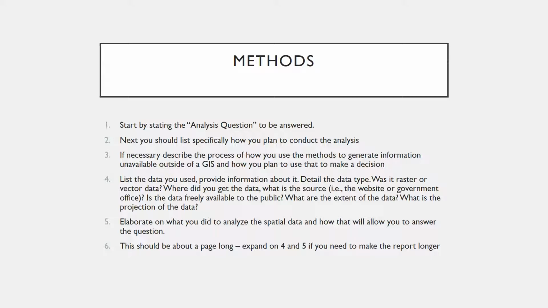Lastly, you want to elaborate on what you did to analyze the spatial data. In other words, I used an intersect function to identify areas common to both final data sources, or something like that. You can throw in big words like, I used a Boolean analysis to identify areas that were above or below the threshold elevation of whatever meters.